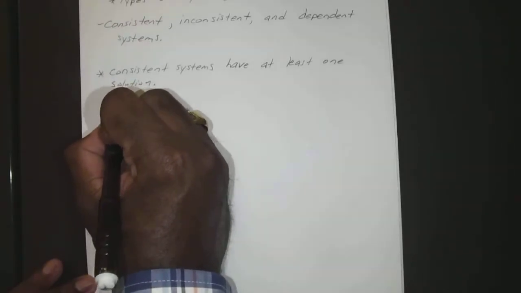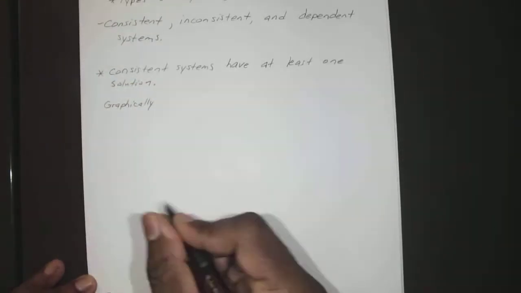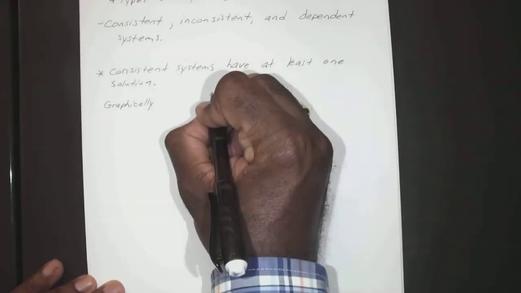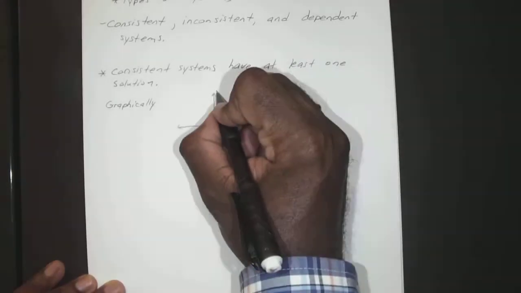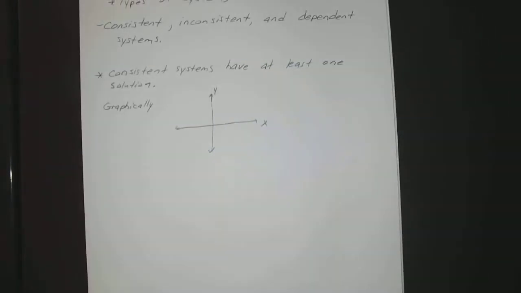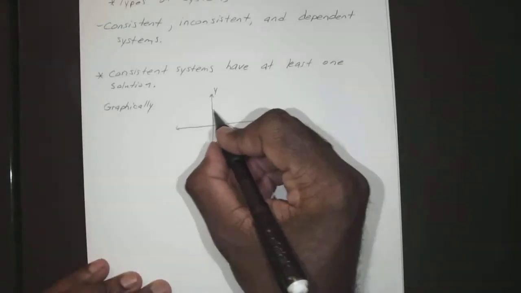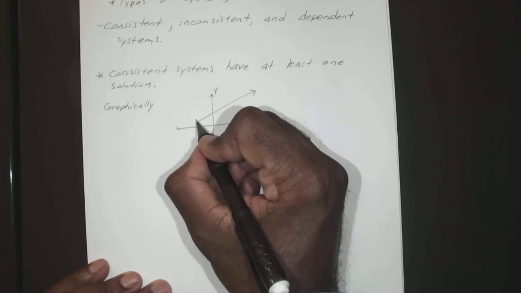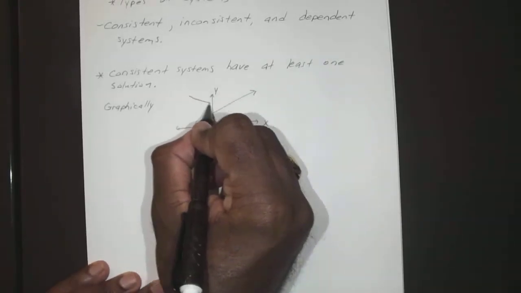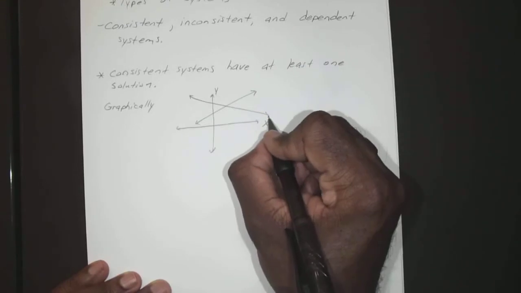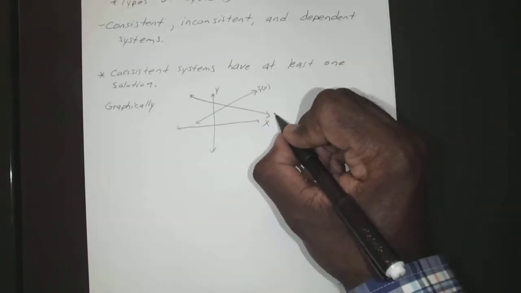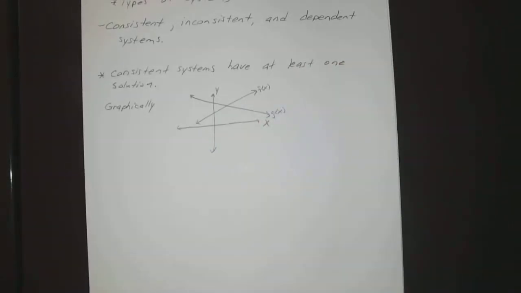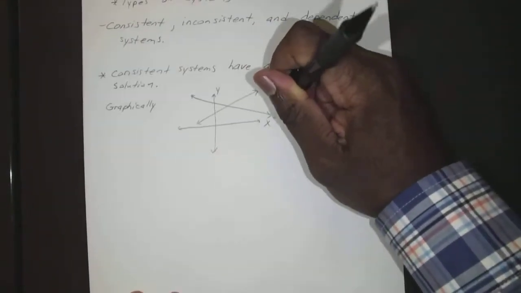If you want to look at that as a graph, let's say we have two random functions, both on the same graph. Let's say you have this function and this function. Instead of f and g, let's say function 1 and function 2.